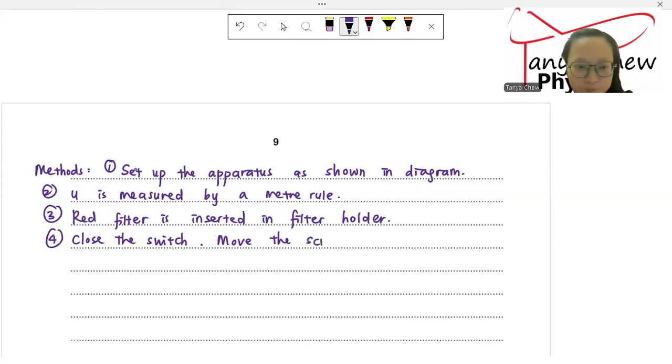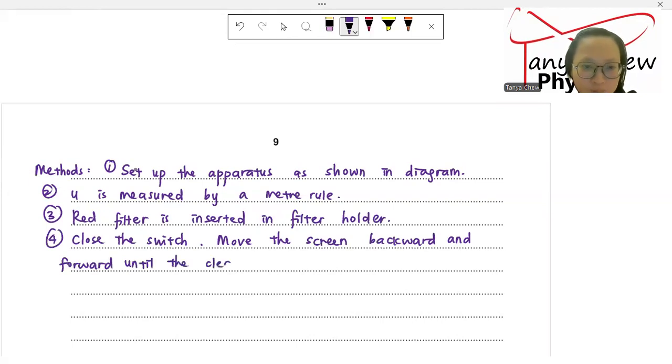Move the screen backwards and forward until the clearest image is seen on screen. Done.